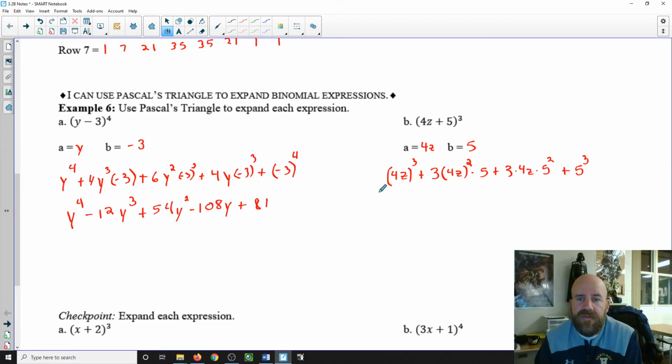So let's go ahead and simplify this real quick. So 4 cubed, so we have to cube the 4 and the z. So 4 cubed is 64 z cubed, plus, do the square first, so 4 squared is 16 times 3 would be 48 z squared.